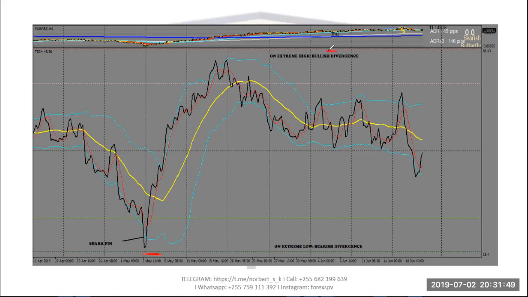So when it's on the extreme high, we call it a bullish divergence. A bullish divergence means that there is a possibility of a drop there. So we wait for a drop there. So when the RSI price line is on the extreme low, it's the bearish divergence. So on the bearish divergence, we expect the market to buy. We expect the price to reverse.